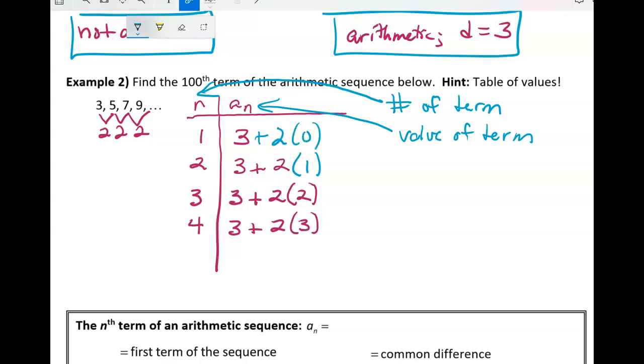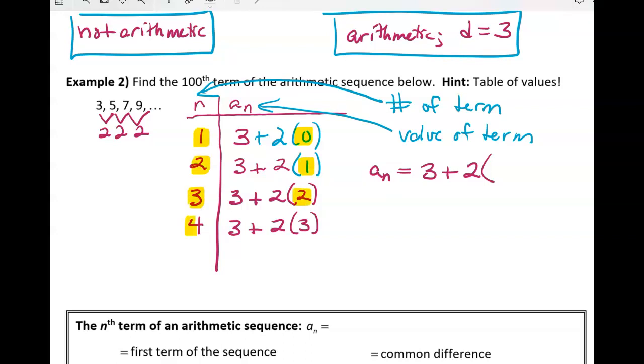So now what we can do is we can see that there's a pattern here. It appears that the a sub n's, or the nth term, is equal to 3 plus 2 times something that changes each time. And now what I want to do is address how that something that the 2 is being multiplied by is related to the term number.